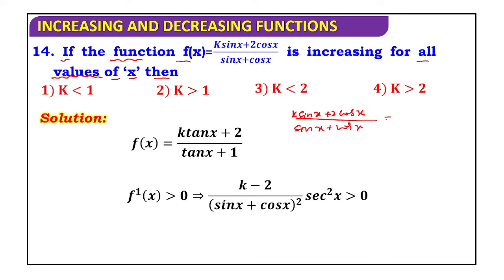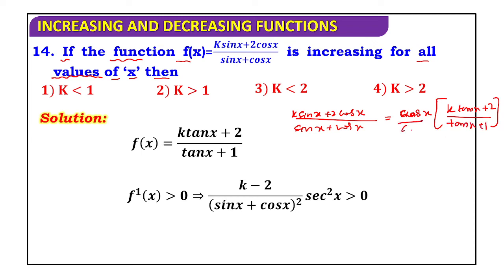From this you can take sin x common, or if you want to make it as tan, you can take cos x common. If I take cos x common, it will be (k tan x + 2) divided by (1 + sin x by cos x, which is tan x, plus 1).